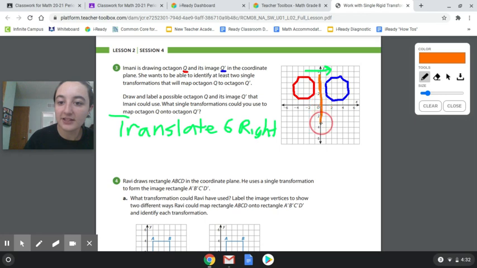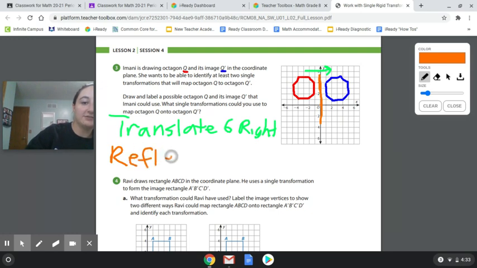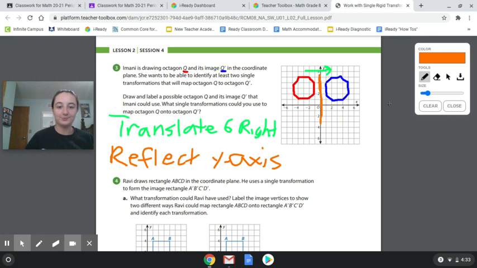So we could say that it is a reflection. So 1 away here, 1 away there. 1 here, 1 there, 2 away, 2 away, etc. So it could be a translation of 6 or a reflection over the y-axis. And this is just one example. You could also use others, but this is just one example you could do.